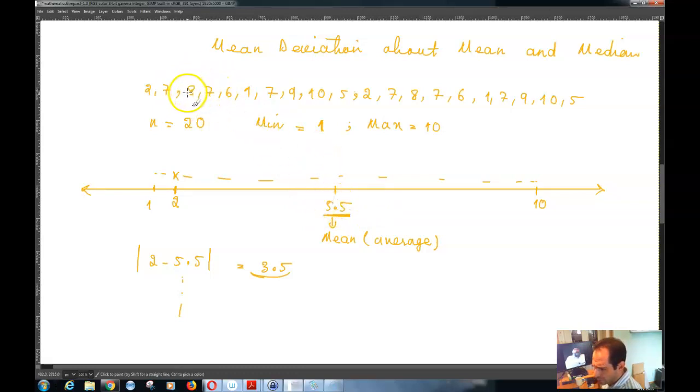I'm sorry, this would be 8 and 5.5, so the difference between 8 and 5.5 is 2.5, not 6. Anyway, you would get a bunch of numbers over here.